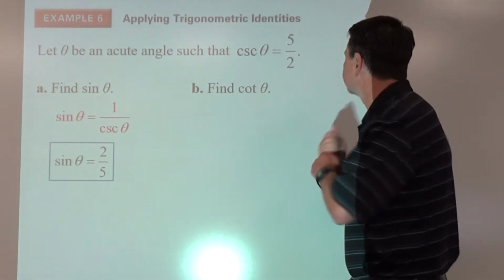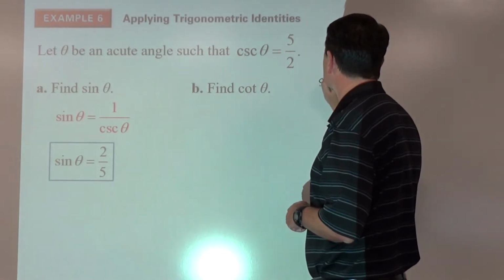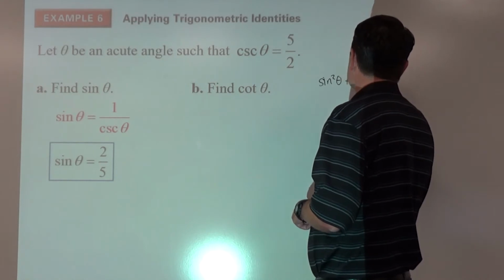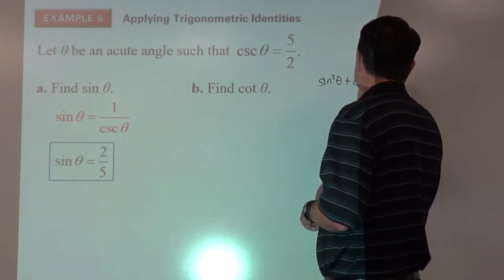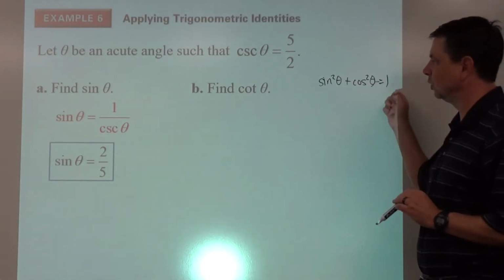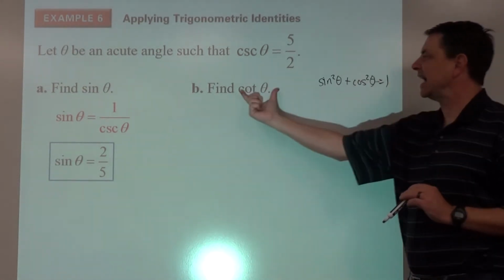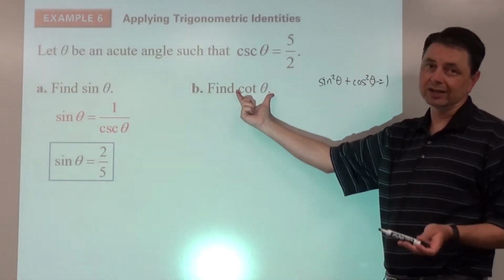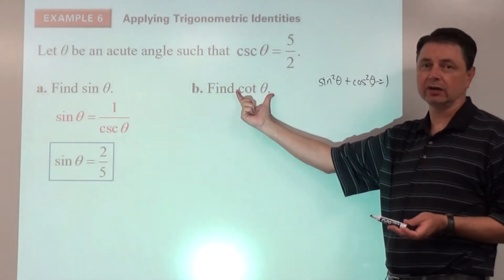But if not, we're just going to go back to sine squared theta plus cosine squared theta is equal to 1. From this, how would we get cotangent theta, or more exactly, cotangent squared theta?